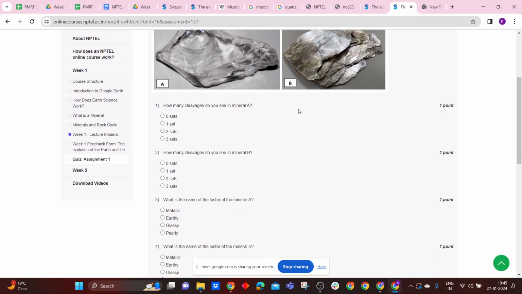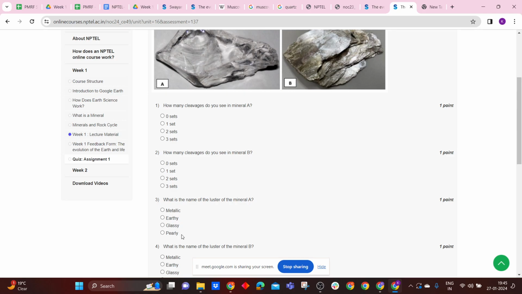Now, what is the luster of mineral A? Glassy luster. But I want to tell you one thing, guys. In this question, what is the name of the luster of mineral A? 4 options have been provided: metallic, earthy, glassy, and pearly. But to be very accurate and precise, quartz actually has a vitreous luster.